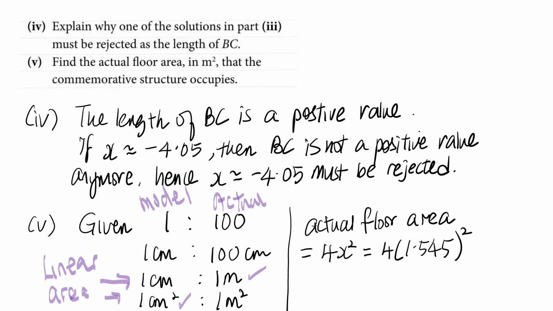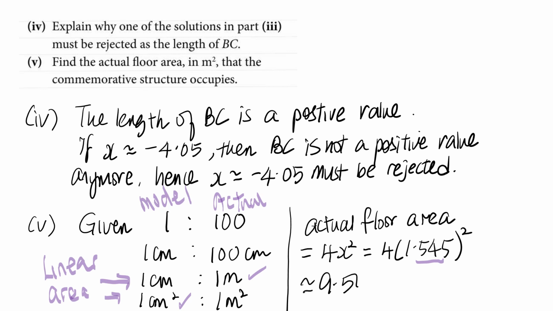The floor area refers to your base area, which is the square, which is 4x squared. So you substitute your x to be 1.545. This is what I mean by you should have an intermediate answer expressed to 4 significant figures, because you will use it here to do further calculation.